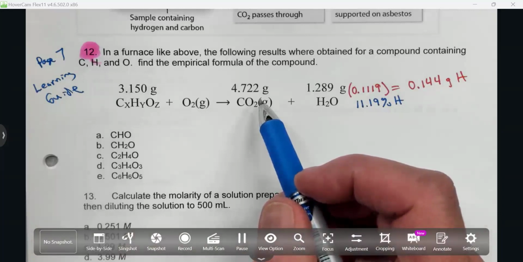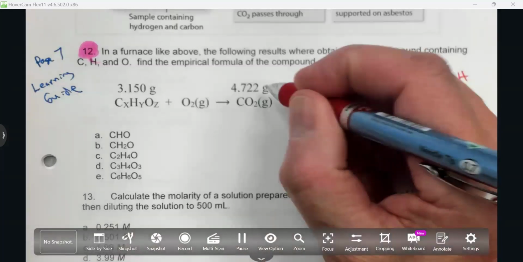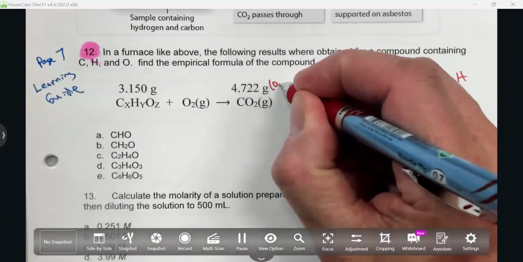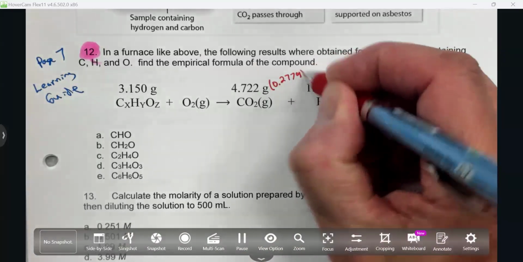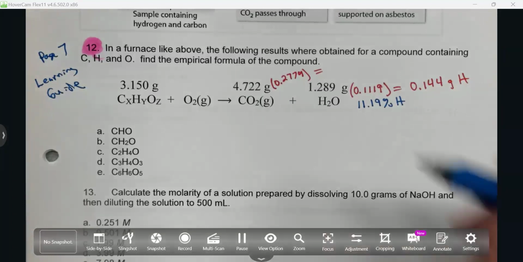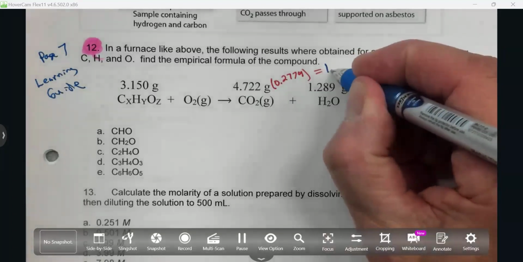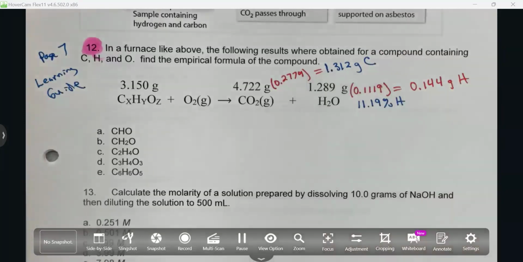Now our carbon dioxide, CO2, is 27.29% carbon, so 0.2729. That gets us 1.312 grams of carbon.